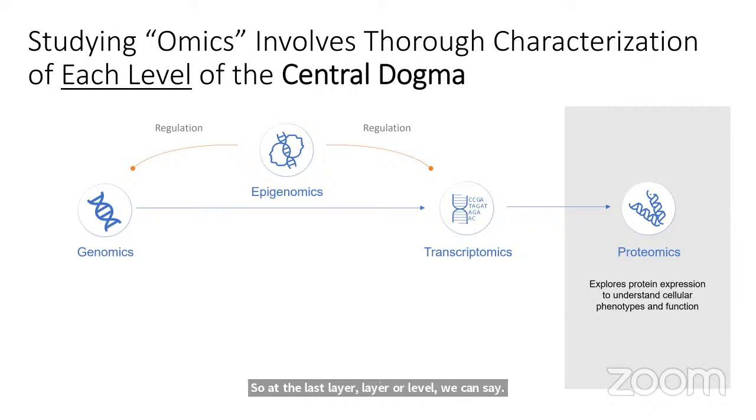It is the ome that is closest to the phenotype. It is the functional output of all other levels of cellular regulation, including the genome, the epigenome, and the transcriptome. And this is where researchers often look when they're interested in finding things like biomarkers.